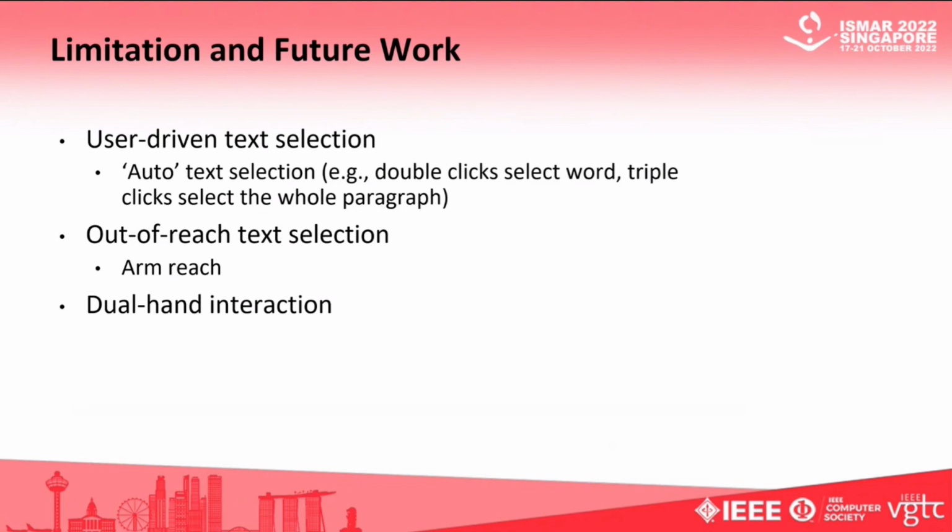For instance, the user needs to use the same controller to point at the text and also to make the selection. In the future, we can use one controller to point to the text location and then use the other controller to confirm the selection. The same applies for the hands. Users can use two hands for the selection. This will be part of our future work.